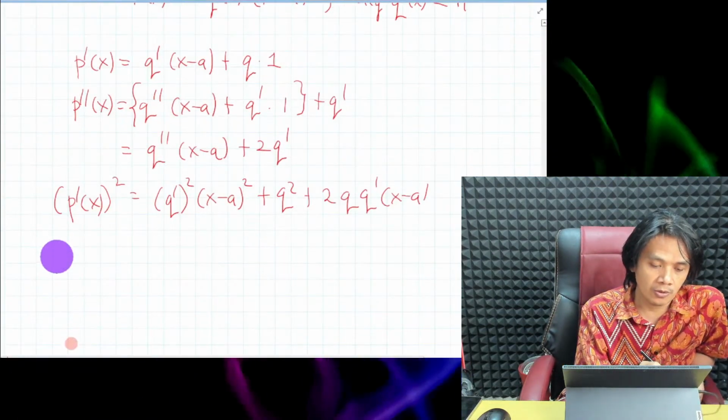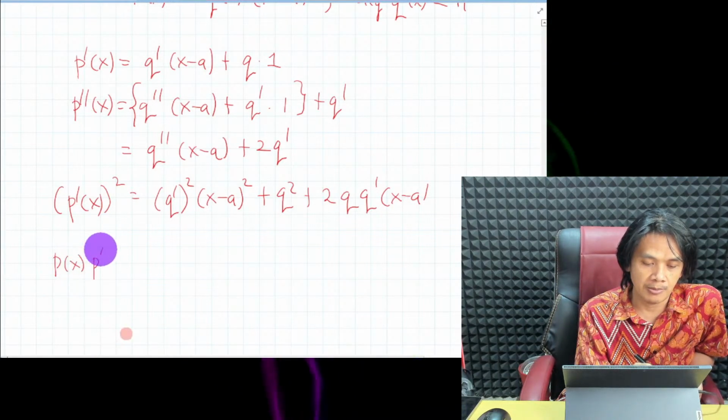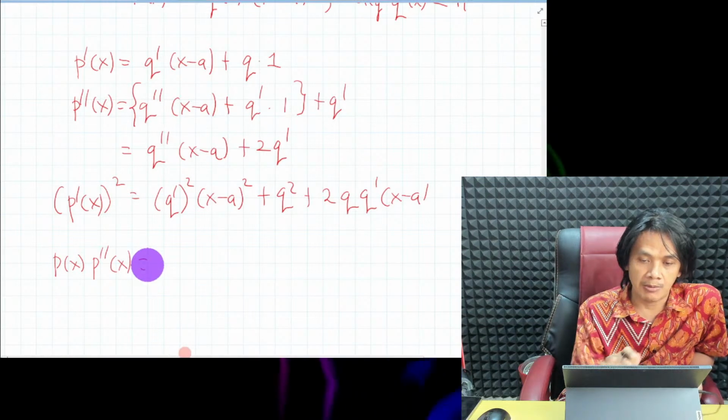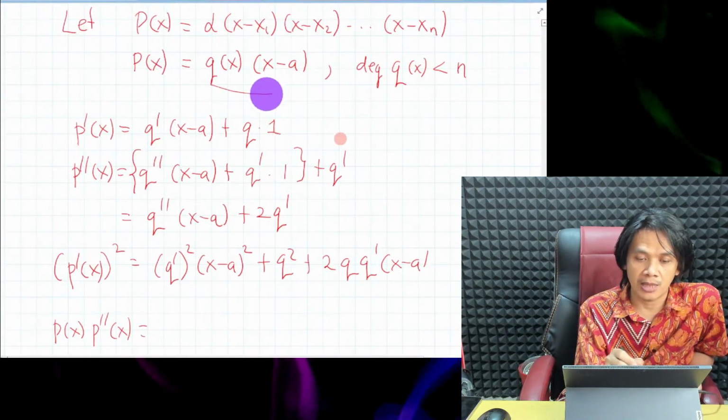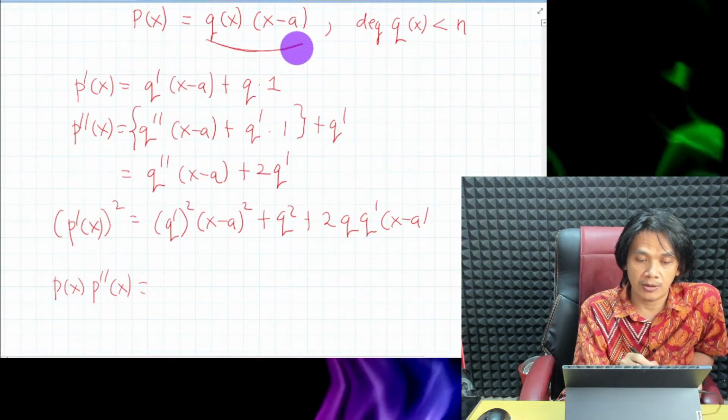Now what do we have if we multiply p of x and p double prime of x? Remember that p of x is q times x minus a. So we will multiply this guy with this guy.